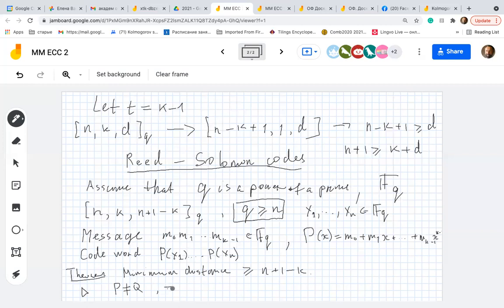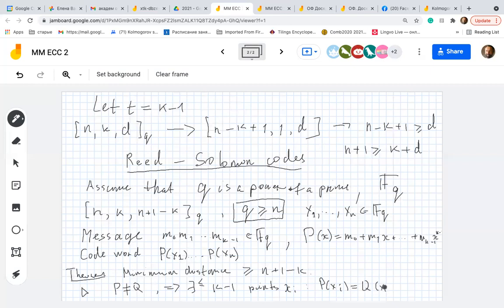So we need to prove that there are at most k minus 1 points xi such that P of xi is equal to Q of xi.